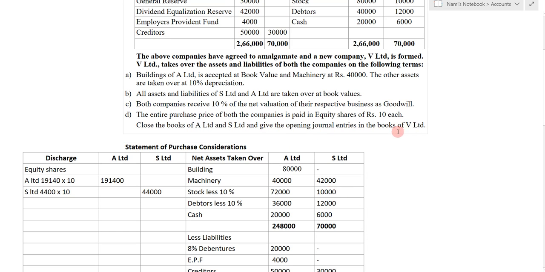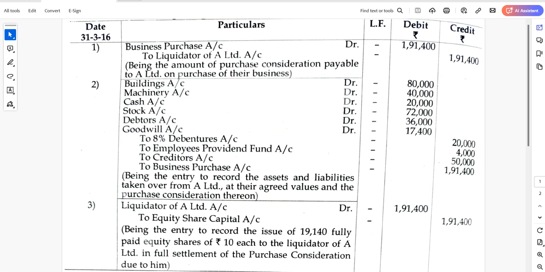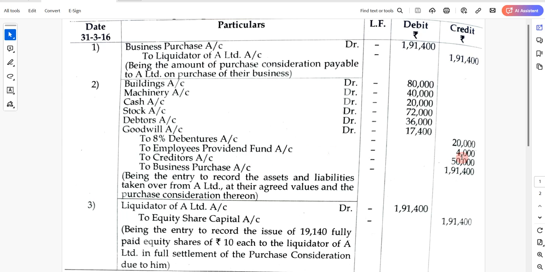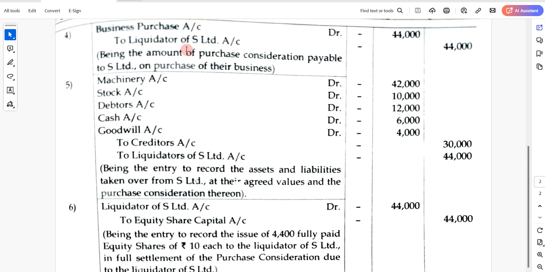So to pass the journal entries, in this way you have to pass the journal entries in the books of V Limited. V Limited is the purchasing company. So first we have to give the purchase price, okay, then what are the assets we have realized, and from there how much is the liabilities, okay, then the purchase price of S Limited and assets and liabilities of S Limited.